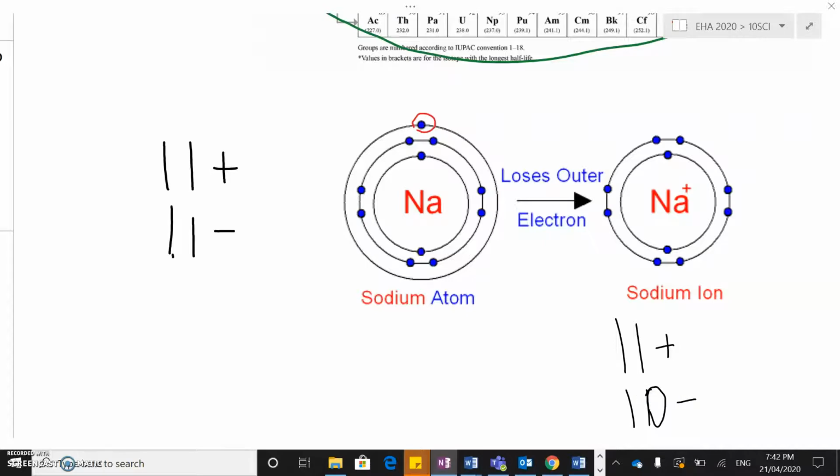We cancel that out, and we're actually left with a positive charge of 1, which is reflected in this little label here. It says sodium plus. So a sodium ion is positively charged. Because it's lost one electron, it's now left with a positive charge of 1. All right, that's half the story.